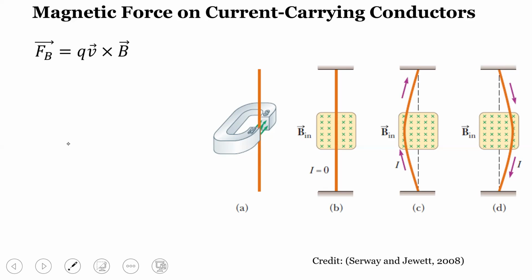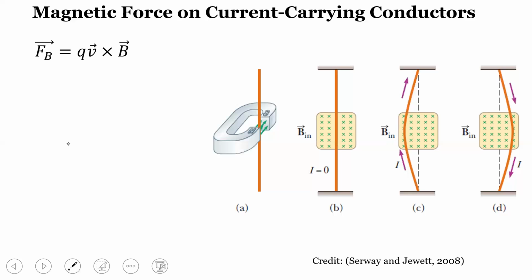And you will have a maximum magnetic force when the direction of current flow and the direction of the magnetic field are 90 degrees to each other.